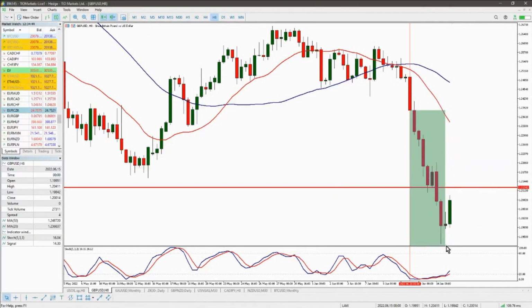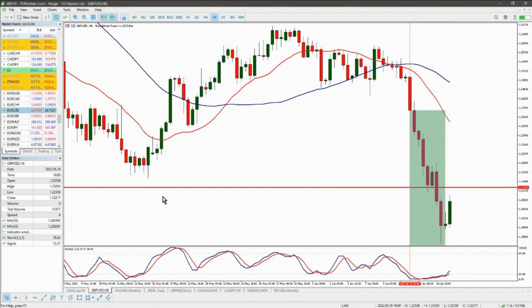It's actually starting to creep up, so the stochastic oscillator is trying to get back to the neutral territory. So all the way down, the market was oversold. So buying a market based on the fact that it's oversold basically is a huge mistake.